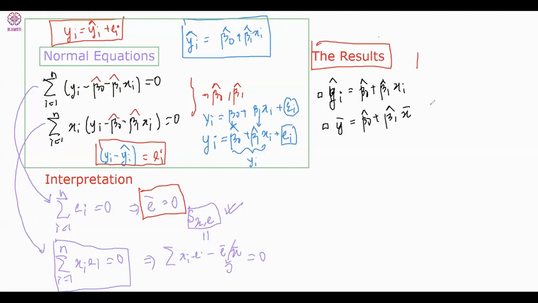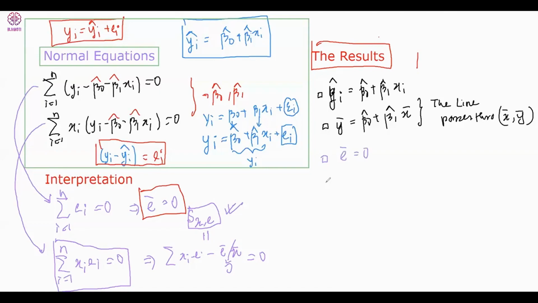This is important. This implies that the regression line, the line we have got, passes through x bar comma y bar. And what else do we get? Let's explore. We got that e bar is 0.